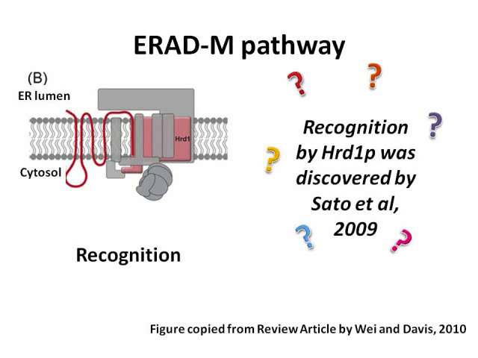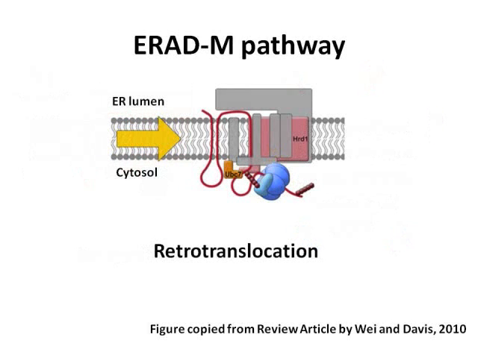The authors knew that the ubiquitin ligases are usually involved in some way in the recognition of ERAD substrates. And they also knew that HRD1P ubiquitin ligase had to be located within the membrane, or membrane bound, for ERAD-M to occur. This led them to study HRD1P exclusively.